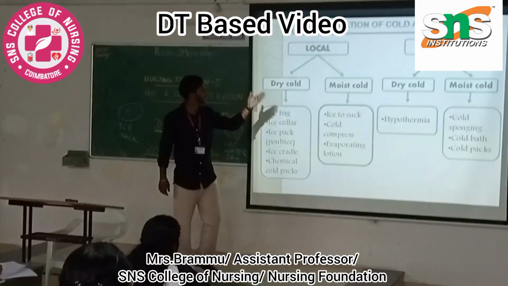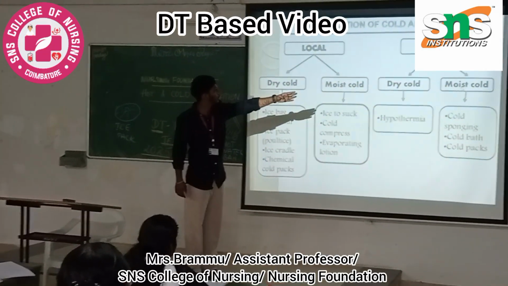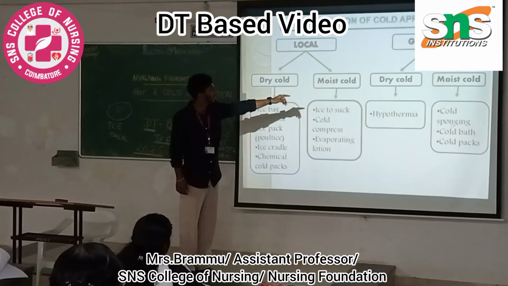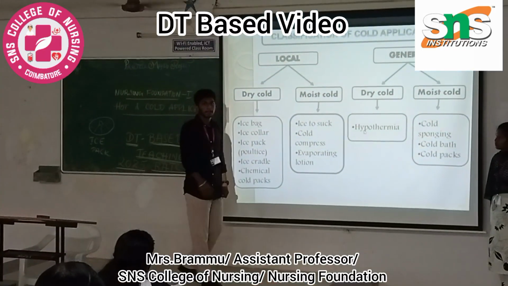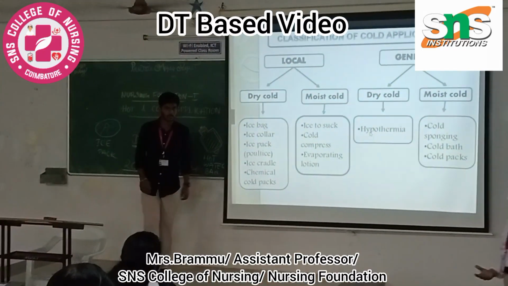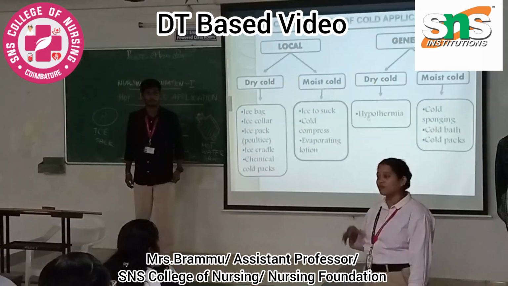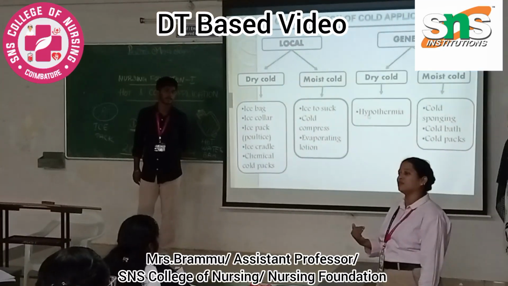The next form is general, and it also has dry cold and moist cold. Dry cold has hypothermia blankets, and the moist cold examples are cold sponging, cold bath, and cold pack. Here, hypothermia is nothing but hypothermia blankets being provided. When a patient is shivering, we give warm blankets. If the patient is having a high temperature, we can give hypothermia blankets.